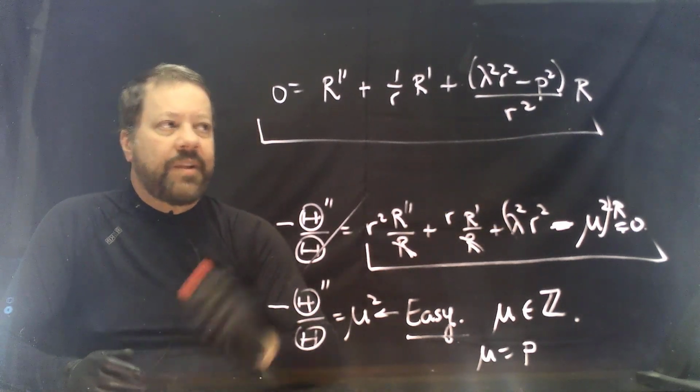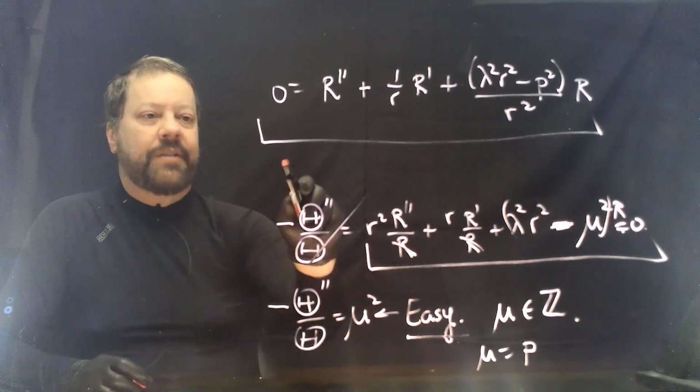This gives us something called the parametric form of Bessel's equation.